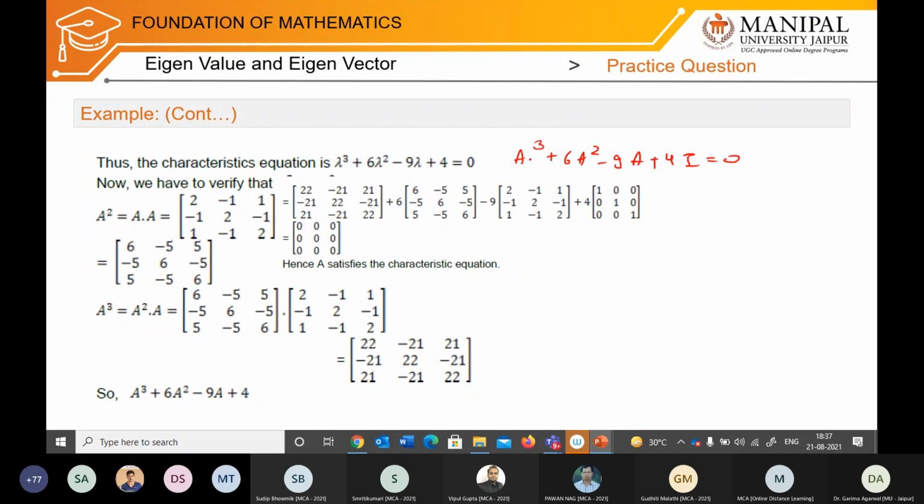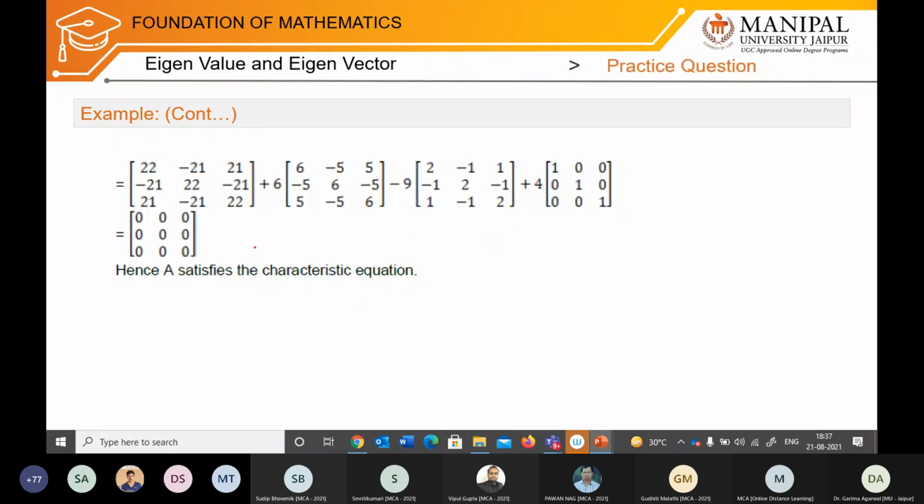So we need to find the values of A cube and A square. We have the value of A, I is the identity matrix. First of all, we need to find A square, that is A times A, row into column, then A cube, and then we substitute all the values over there and we get the null matrix. That means the square matrix satisfies its own characteristic equation.